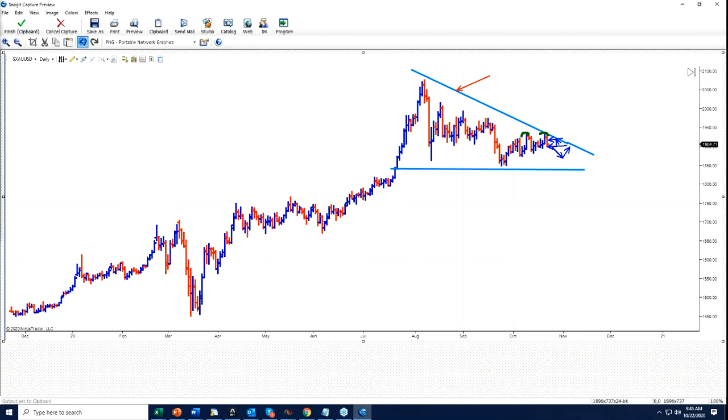To my mind, this is a really good trade because either way, I think I'm going to make money, even if it doesn't fulfill my entire expectation. So I think gold is setting up for a really good risk reward trade to the downside.